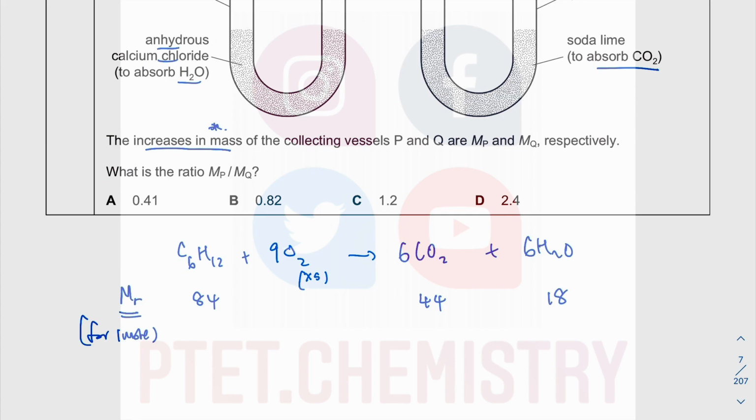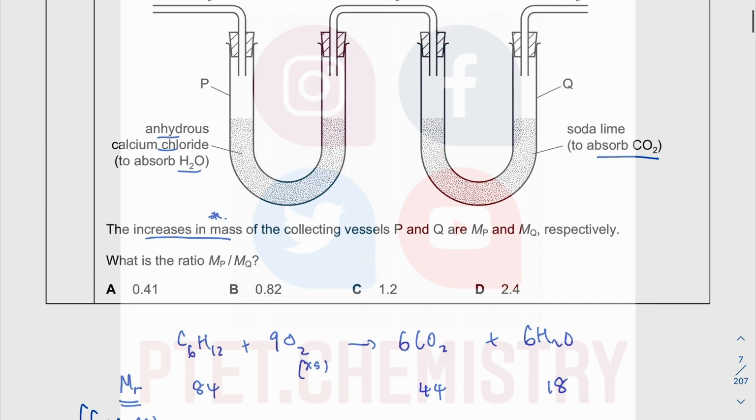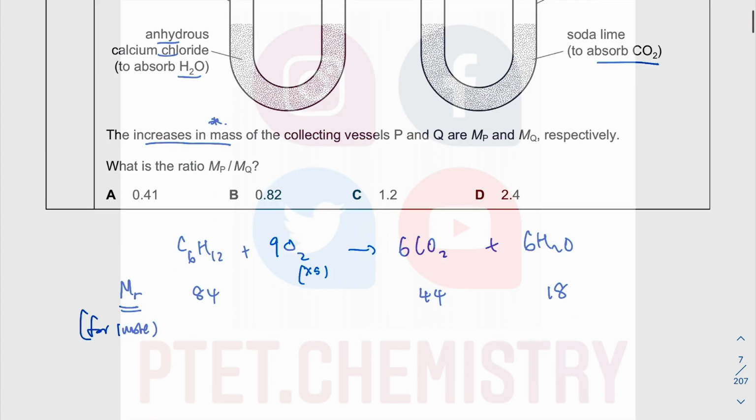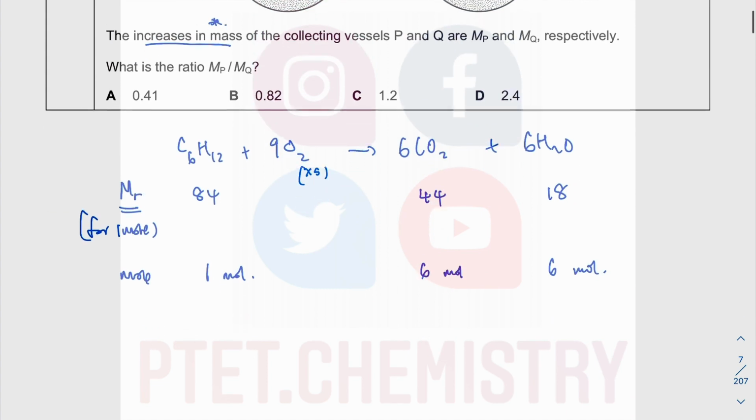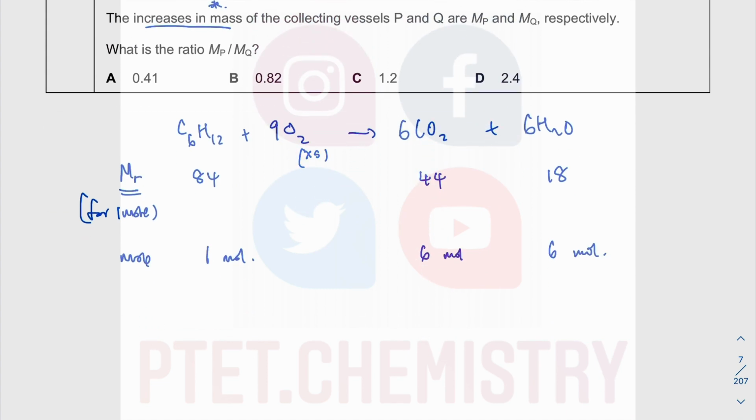So what can we say? We can say that if I burn 1 mole of C6H12, I will get 6 mole of this and I'll get 6 mole of this, okay? So therefore, what is the increase in mass then?